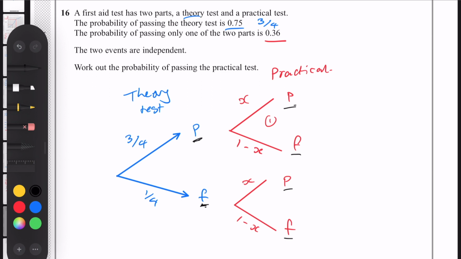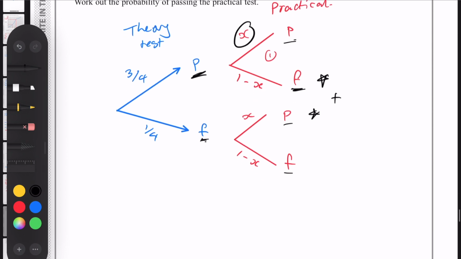And we don't know the probability for the practical, but what we do know is the probability of passing one of the two parts is 0.36. So that's passing and then failing. So it's this one here, and failing and then passing, and it's that one there. So if you add these two together, you'll get the probability, and you're actually trying to work out x here. Right, so let's go through this. 3/4 times 1 minus x.